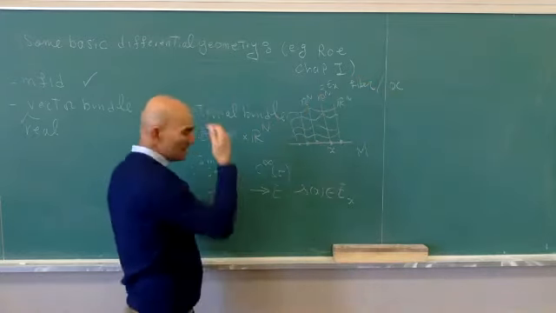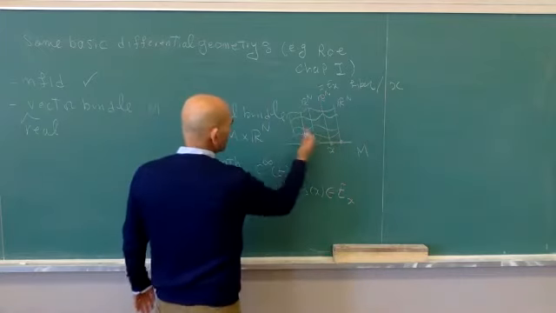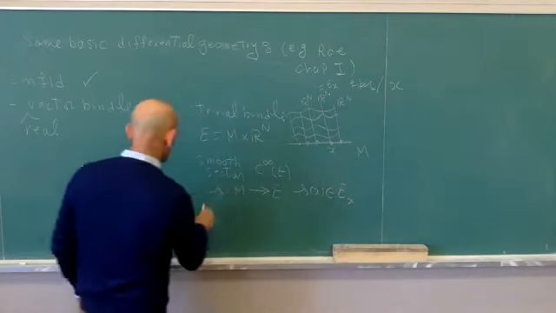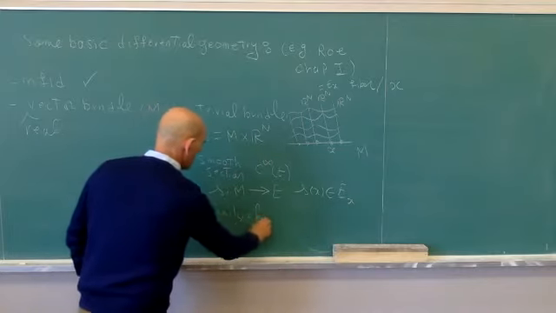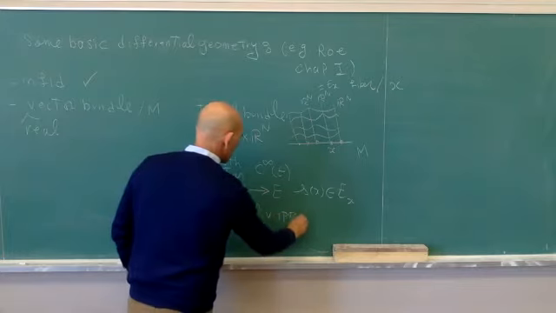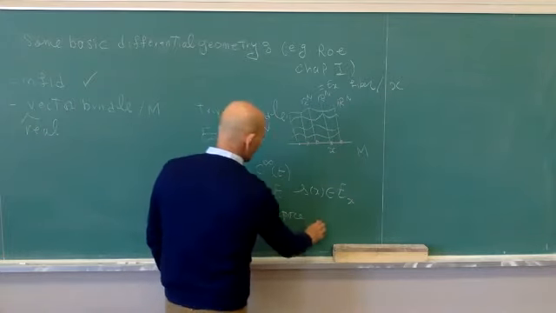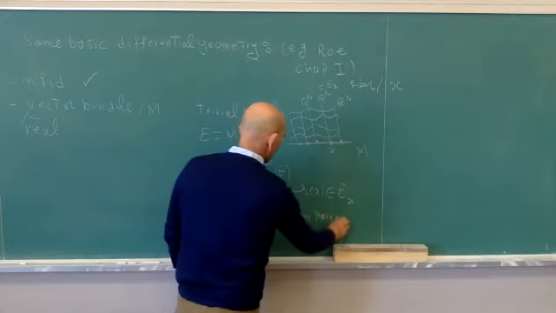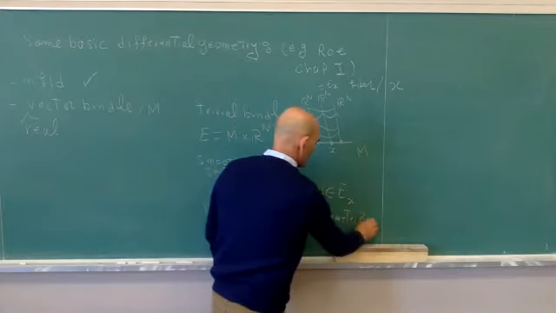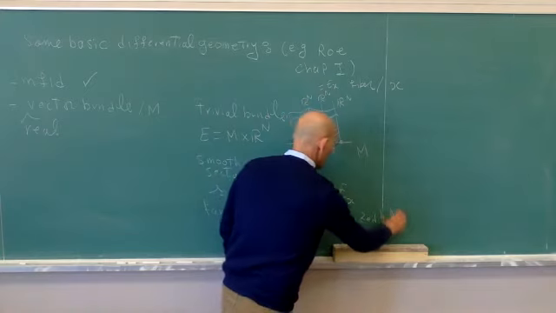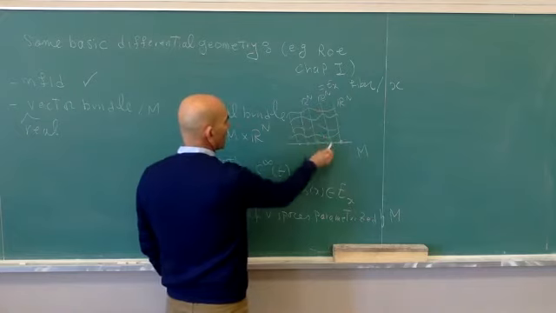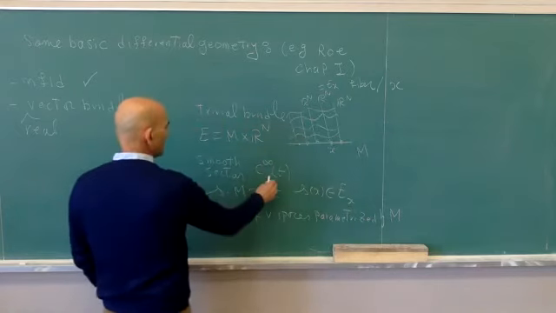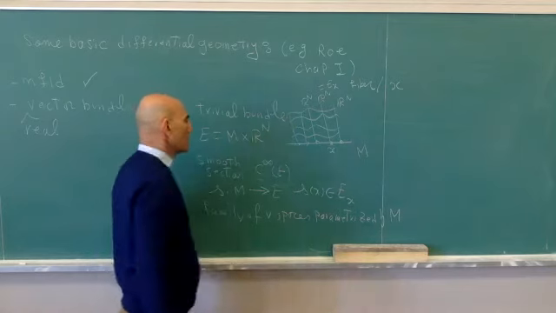So we are thinking of fields of vector spaces, a family of vector spaces parameterized by M, and each member of the family is called the fiber over this point. This is the idea of sections.